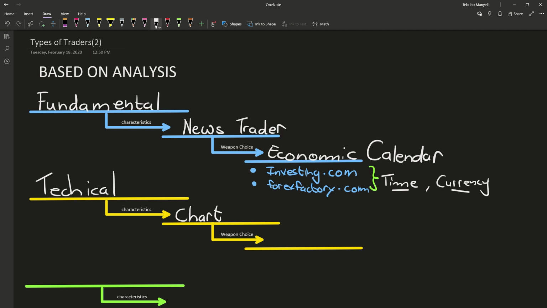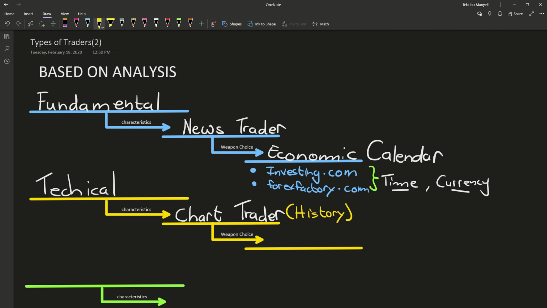So this is a chart type of trader. Why charts? Because charts are the best way to represent and visualize history.